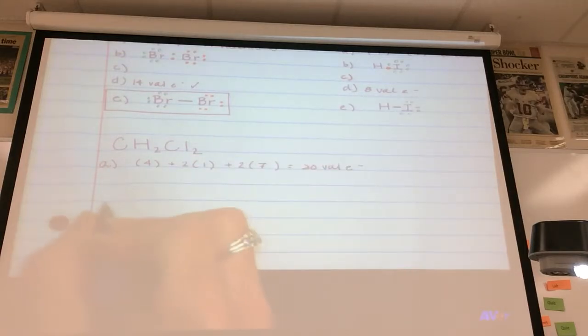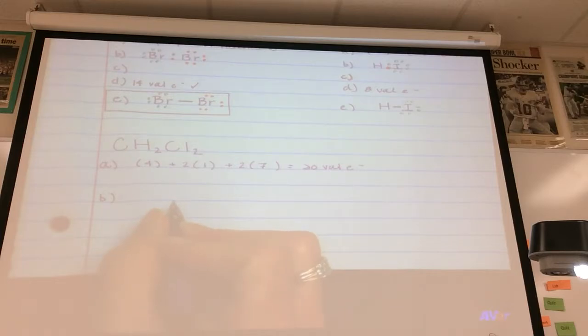What's the next step? Right, you're going to put the letters where you think they belong, and that's called a skeletal structure. Now, we know that hydrogen can never be central. For your purposes this year, halogens aren't central either. What's the central atom?